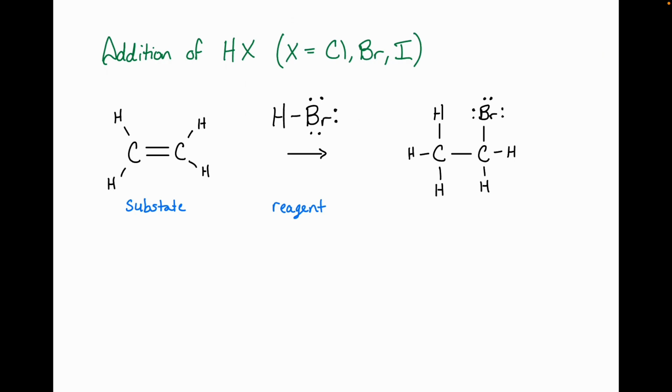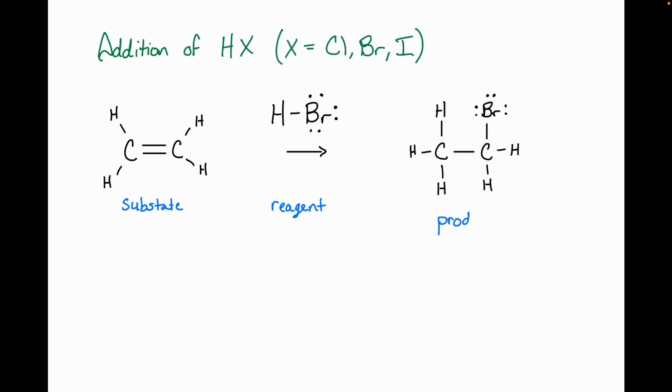And then finally we have our product as well. So this is another very normal way that chemical reactions are illustrated in organic chemistry. You have your organic molecule, the substrate, on the left. You have your reagent sitting above your reaction arrow. That's your inorganic reactant. And then you have your product of your reaction on the right-hand side.